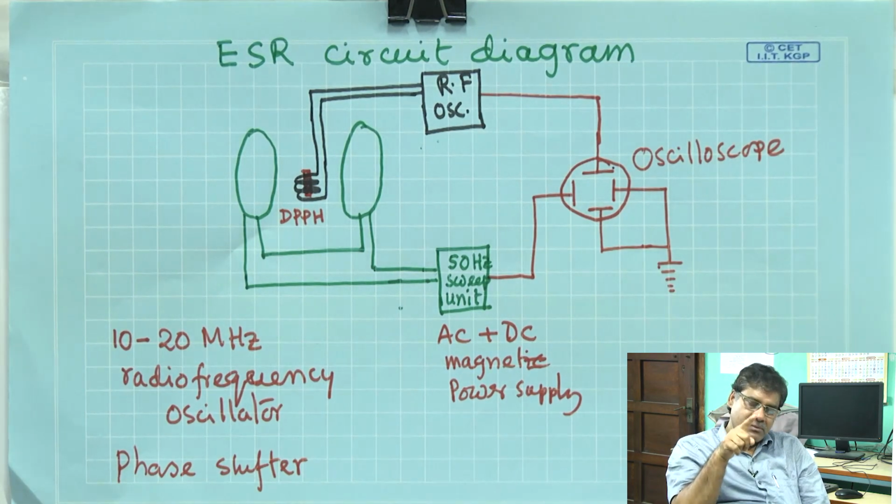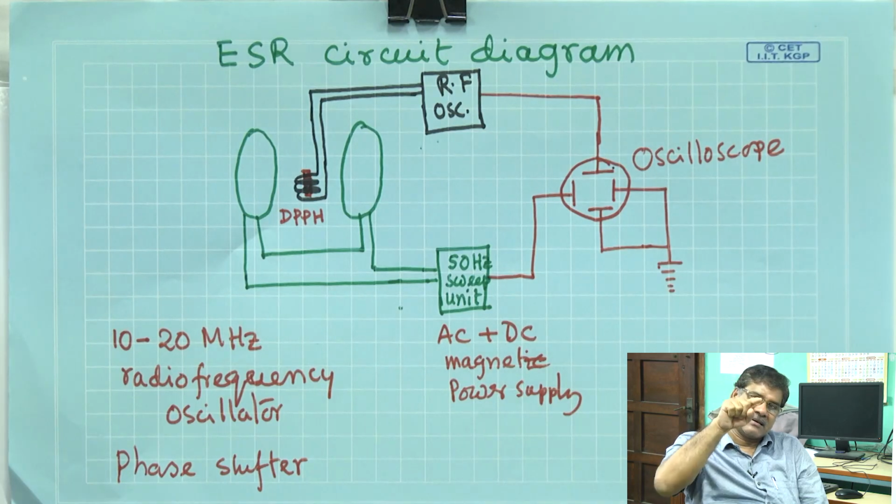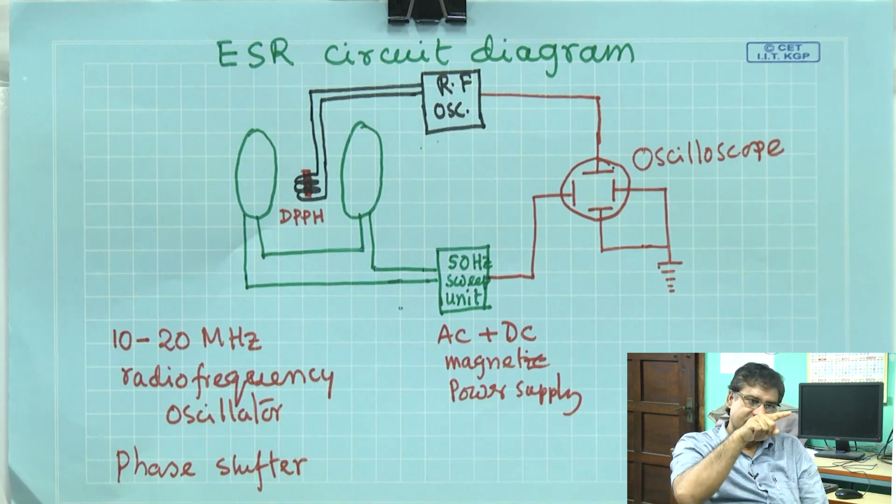The magnetic field is varying, meaning the energy levels are varying. So we are varying the splitting of the energy levels, keeping the radio frequency radiation at constant energy.